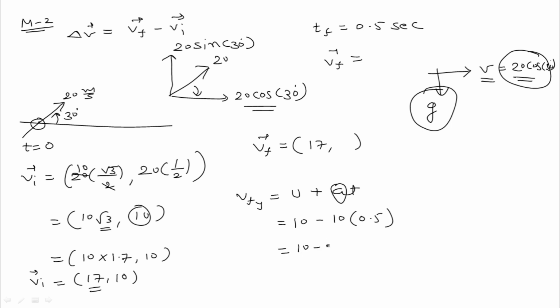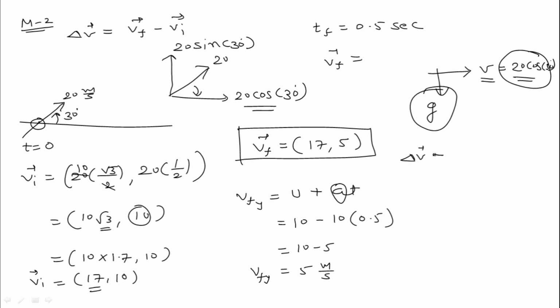So 10 minus 5 would be final 5 meter per second. This is along the y-axis. So final velocity vector we have 17, 5. So here we have delta v vector is equal to vf vector minus v initial vector.